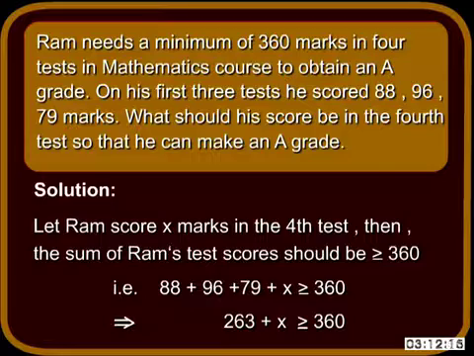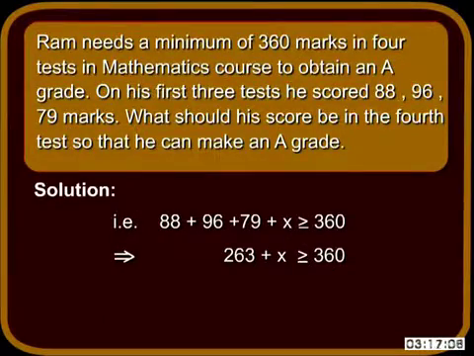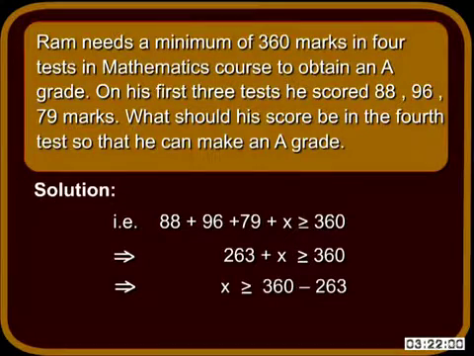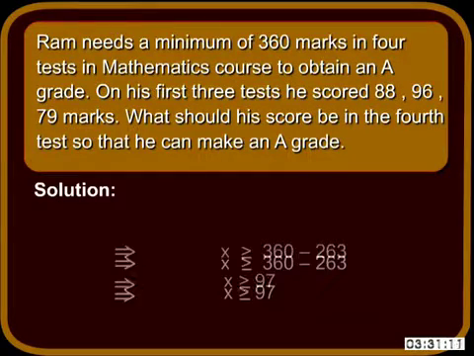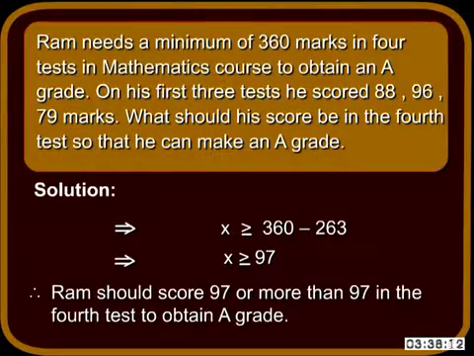It implies that 263 + x ≥ 360, which further implies x ≥ 360 − 263, which implies x ≥ 97. Therefore, Ram should score 97 or greater than 97 in the 4th test to obtain an A grade.